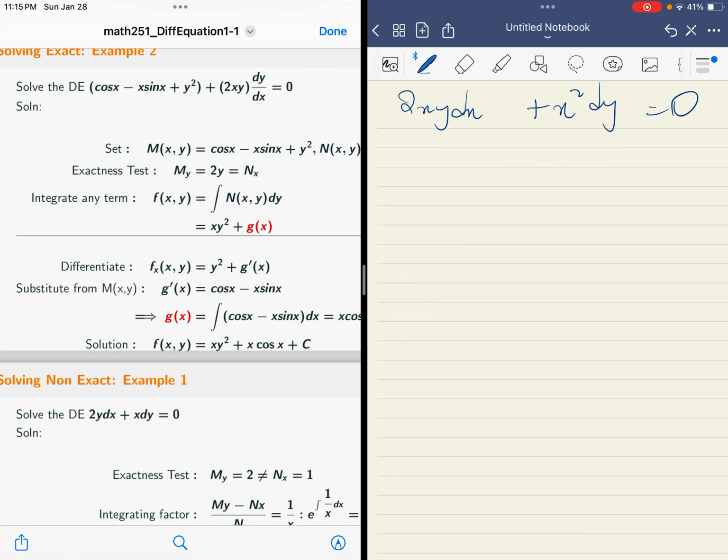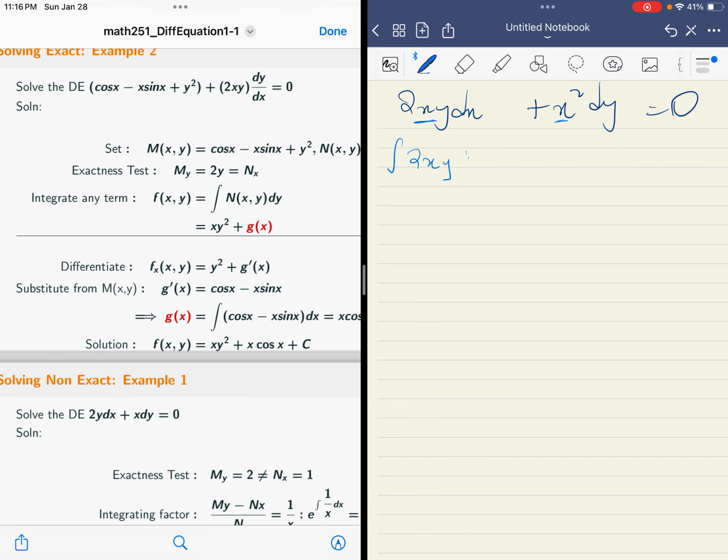Look at 2xy and x squared, which is easier to integrate? For me, I will say x squared, okay? So we do the integral of x squared and we pick its corresponding differential, which is dy, meaning we are integrating with respect to y. Actually, I think I did not pick the easier term, so I'm going to change it. Whatever you feel like, do it, but make sure you are ready to pay the consequences.